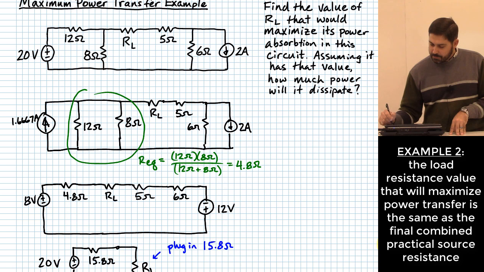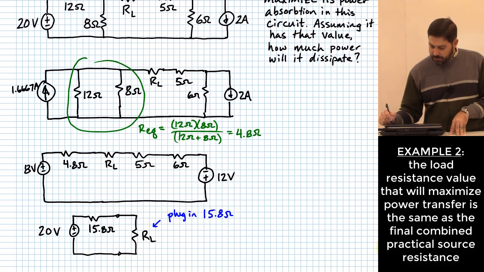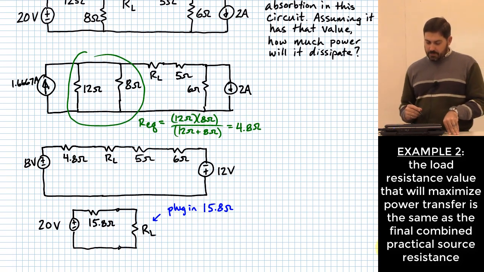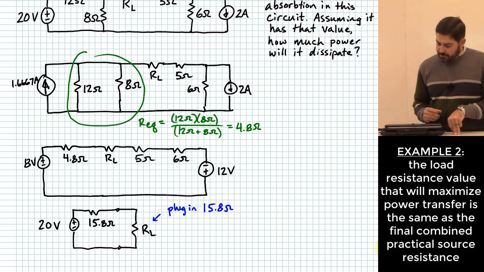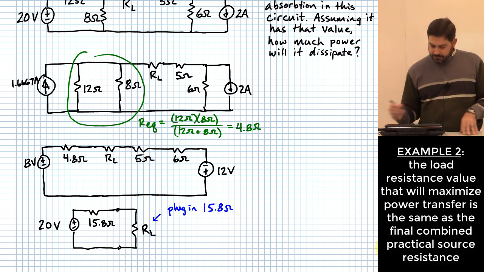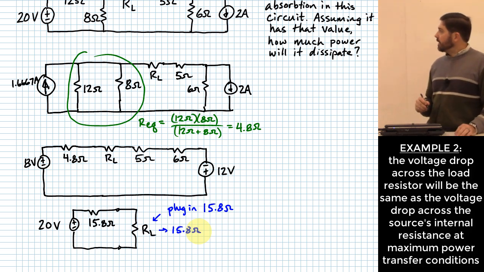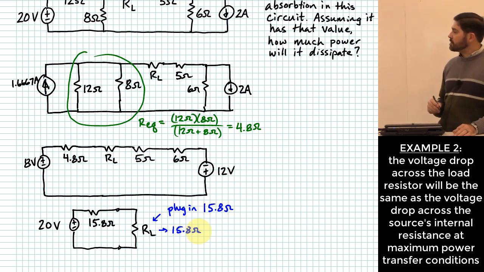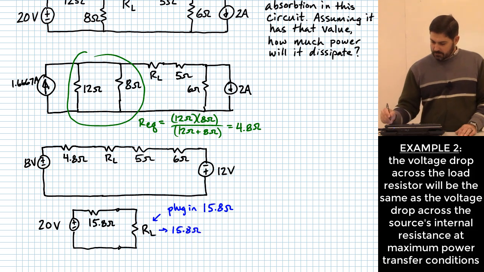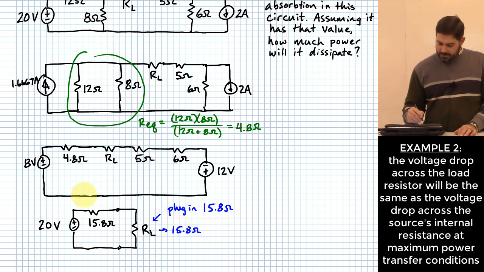RL for maximum power is going to be 15.8 ohms. So you plug in that 15.8 ohms, and when you do, how much voltage do you have dropping on each of the two resistors? It's simple because they're equal to each other. Each of them drops 10 volts.